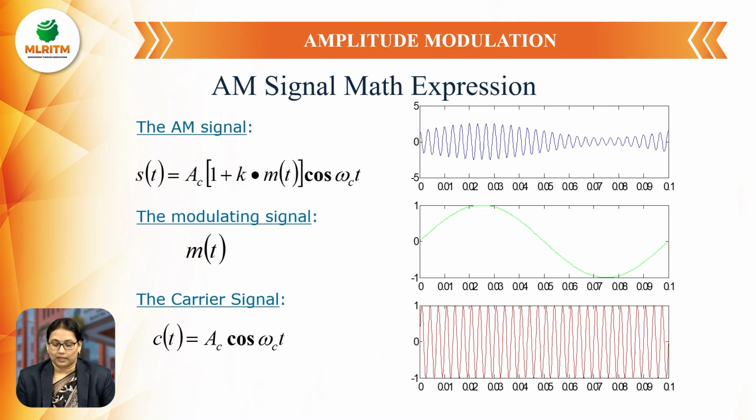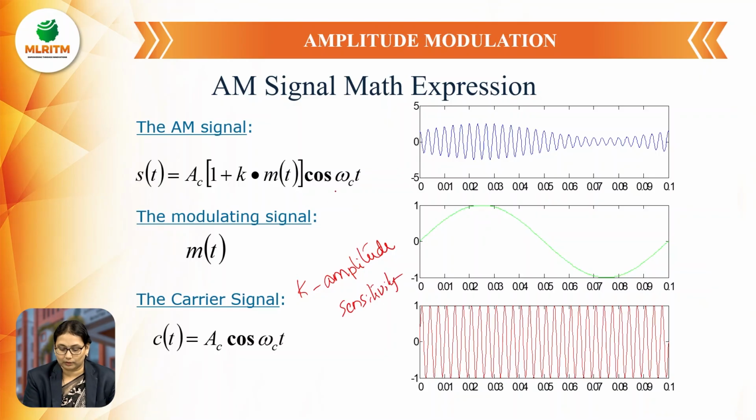Next, the AM signal mathematical expression. The AM signal is represented by s(t) = Ac [1 + k m(t)] cos(ωc t). Here k is called the amplitude sensitivity.